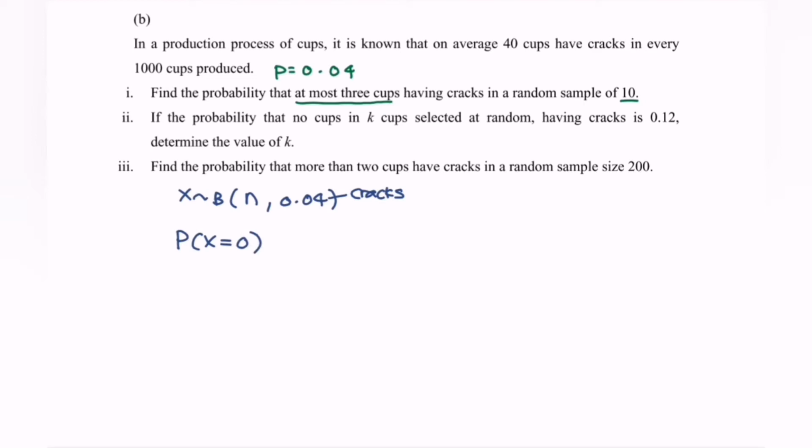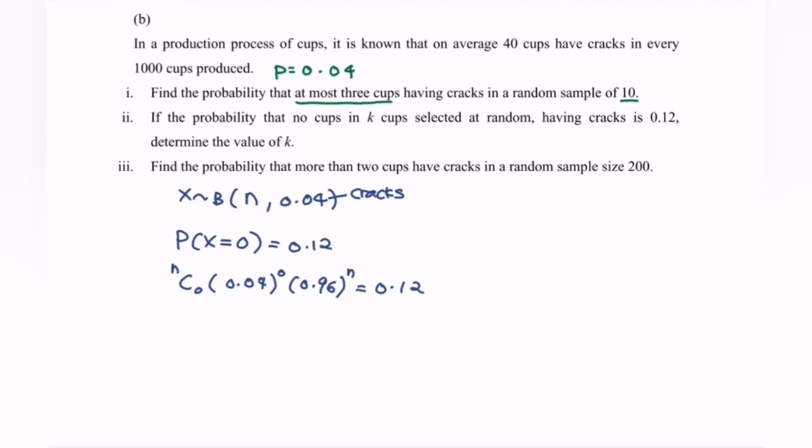In K cups means that n actually represents K. So the answer is 0.12. By referring to the formula for the binomial distribution, we have nC0, 0.04 to the power of 0, 0.96 to the power of n is equal to 0.12.